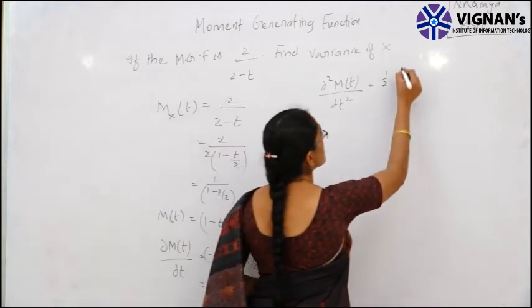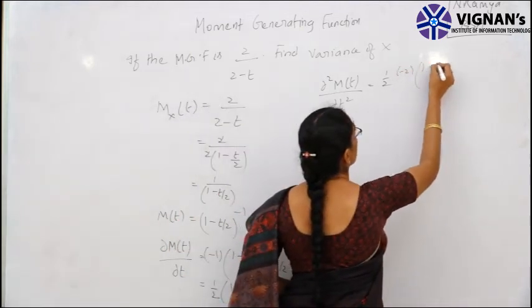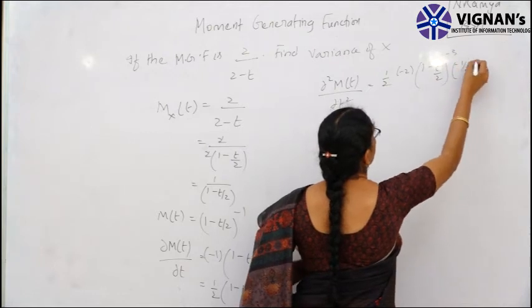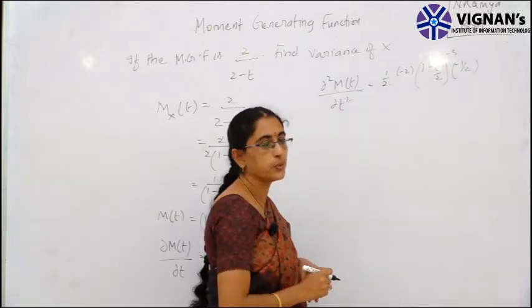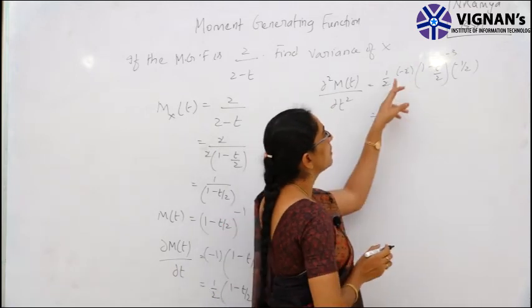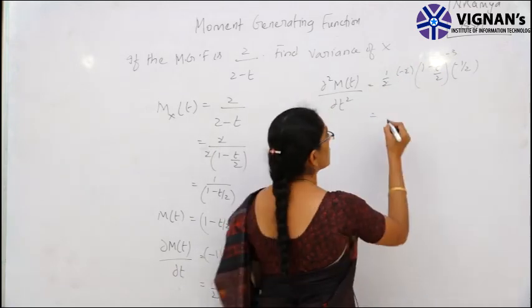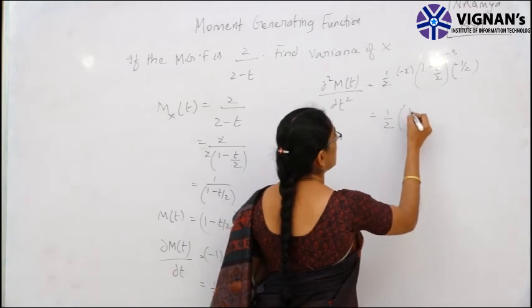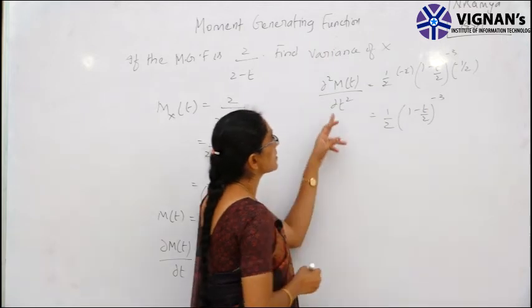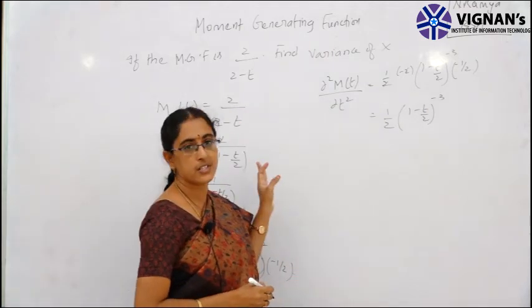So this becomes minus 2 into 1 minus t by 2 whole power minus 3, into the inner differentiation, which is minus 1 by 2. If you simplify this, this 2 will get cancelled, and minus 1 into minus 1 by 2 is 1 by 2 into 1 minus t by 2 whole power minus 3. This is your dou square m of t by dou t square.